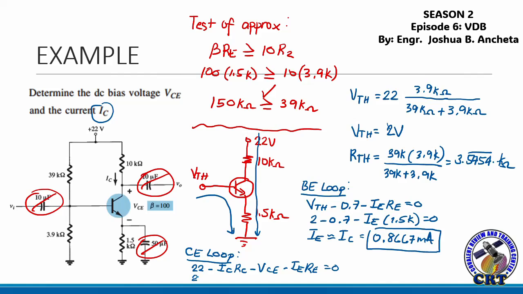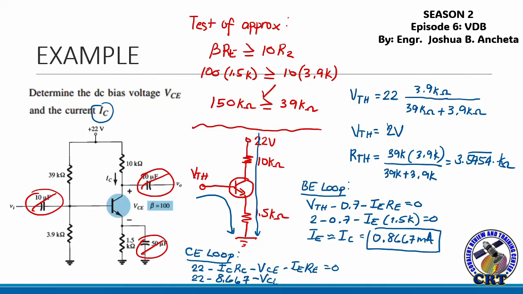So 22 minus ICRC, let us direct that to our calculator: 0.8667 milliampere times RC, which is 10 kilo ohms. The product ICRC is 8.667 volts.